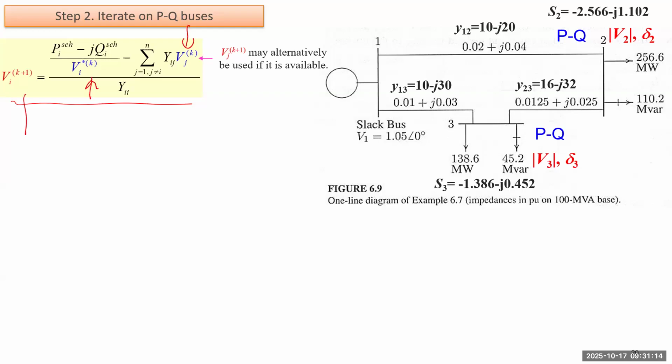Then you have the new value. So this finishes one stage, one step. Then you plug in those values to the right-hand side, and you go to the second iteration. That's completely fine. That's the default setup for this Gauss-Seidel method.